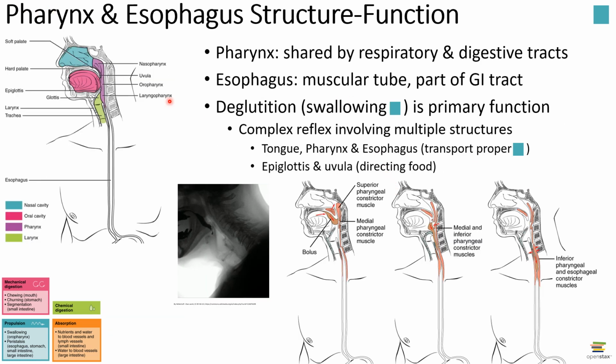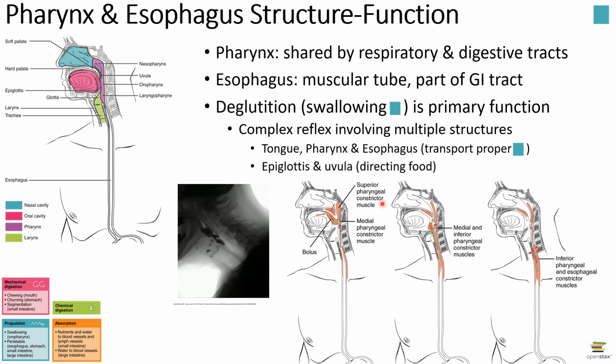So that naturally brings us to the pharynx, which we've already talked about in terms of the respiratory system, and the esophagus. As a reminder, this pharynx is shared by the respiratory and digestive tracts. There's different parts of it, and hopefully the nasal cavity, or nasopharynx, is not involved, and really it's these lower areas.